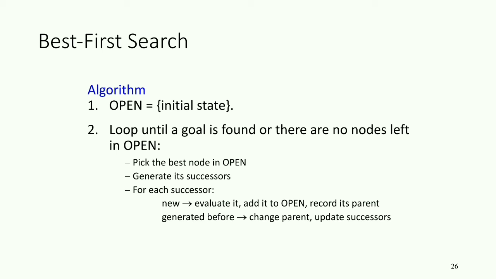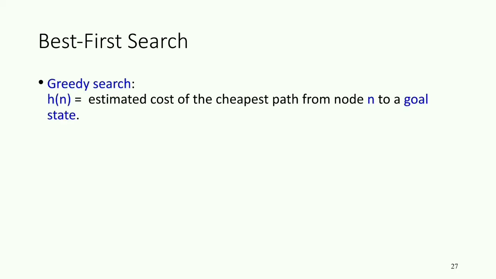In the best first search algorithm, the first step is that open is equal to the initial state, so the open list has only one node, the initial state. Step 2, loop until a goal is found or there are no nodes left in open. Pick the best node in the open list, generate its successors, and for each successor evaluate it, add it to open, and record its parent. If it was generated before, then change the parent and update the successors.